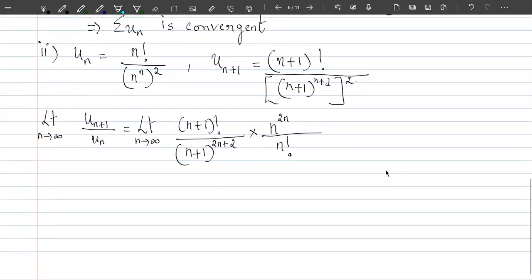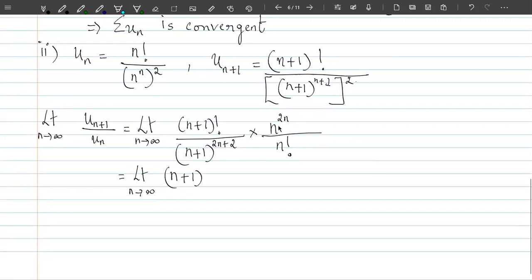Now that's equal to limit n tending to infinity. What do you have here? (n+1)! divided by n!. (n+1)! can be written as (n+1) into n!, so I can cancel this n!. What remains here is n+1. And what about this term here?